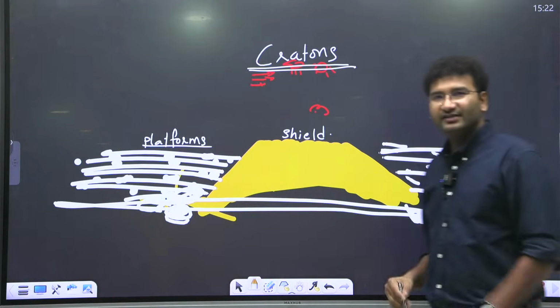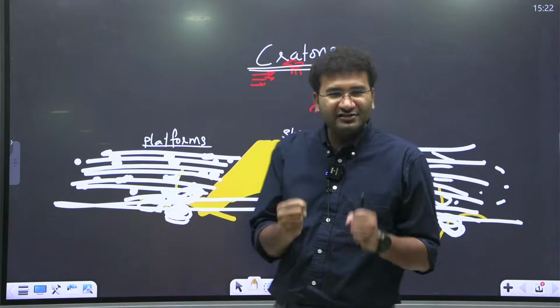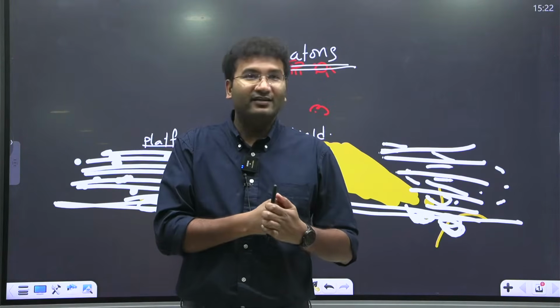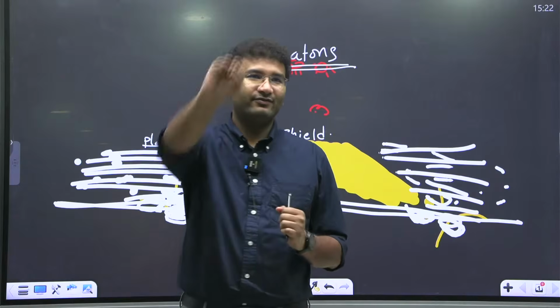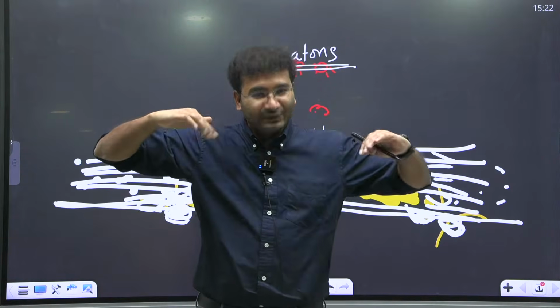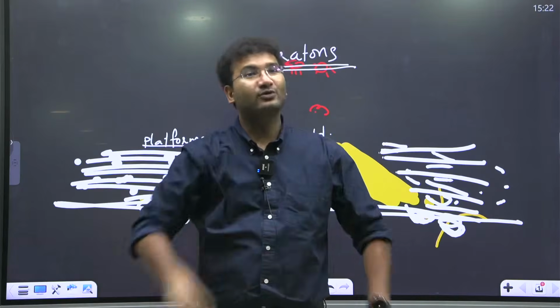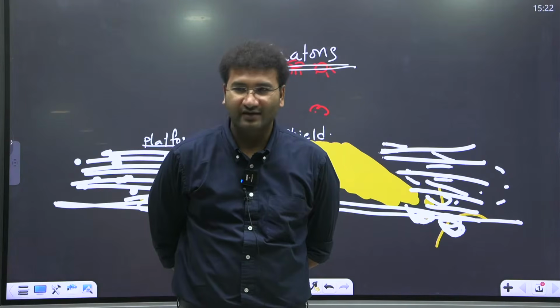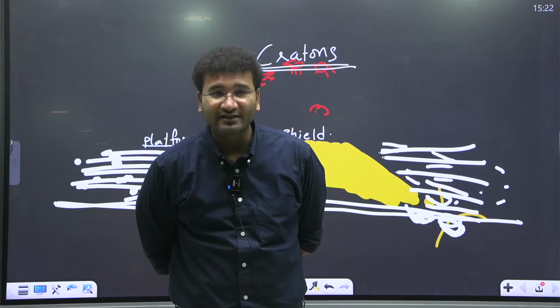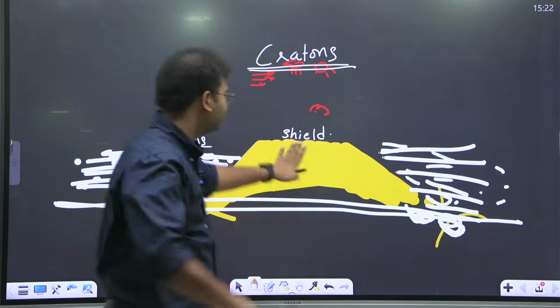So these are your shields. Can I say that a shield is the original landmass of any continent? Like that, India is a collection of 5 shields, right? In between these shields, you will find mountains, the original mountains. And if there are no mountains, then there will be a valley. Let's say this is one shield.